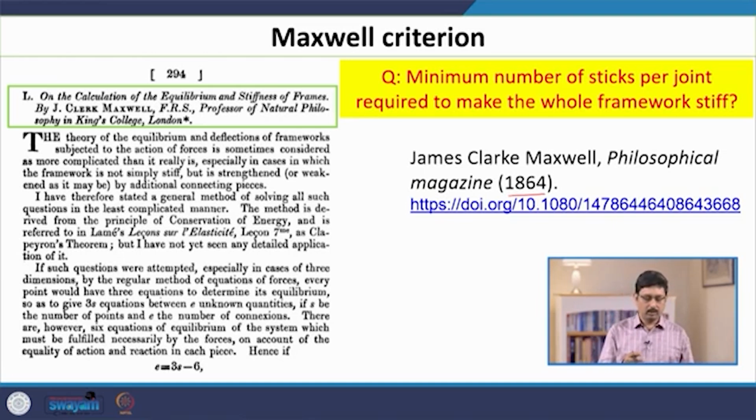So, he considered this same problem, the calculation of the equilibrium and stiffness of frames. A frame is the same as a truss, but his focus was on a different question.